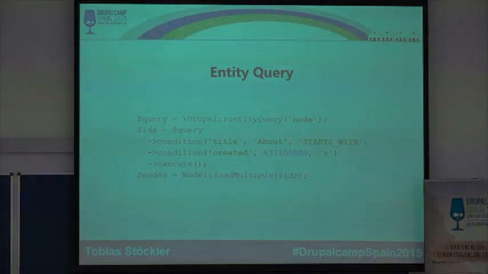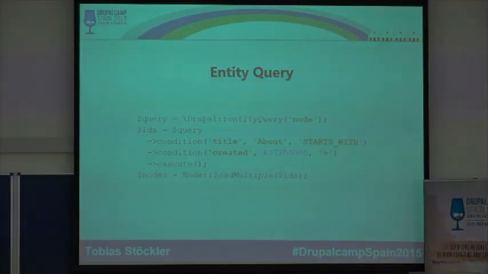So if you've written database queries with db select in Drupal 7, you already know the entity query API, because it's the exact same API as can be seen here. The only difference is that it doesn't return a database result object, but it directly returns the IDs that matched your query.